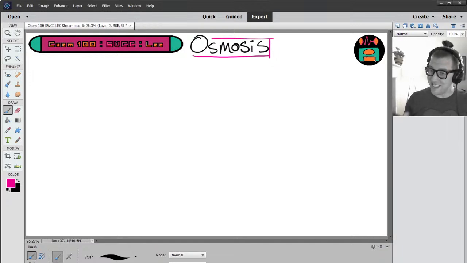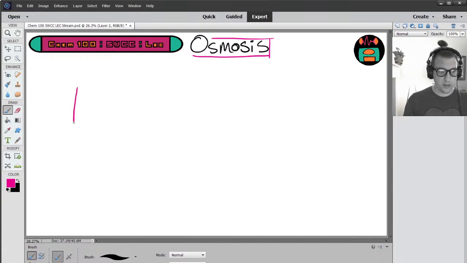Unfortunately, that is not how osmosis works, but that idea of putting it against yourself and having the information flow into your brain actually isn't a bad starting point for talking about osmosis. Now, osmosis is a process that occurs when you have two solutions with different concentrations in contact with each other through what's called a semi-permeable membrane.